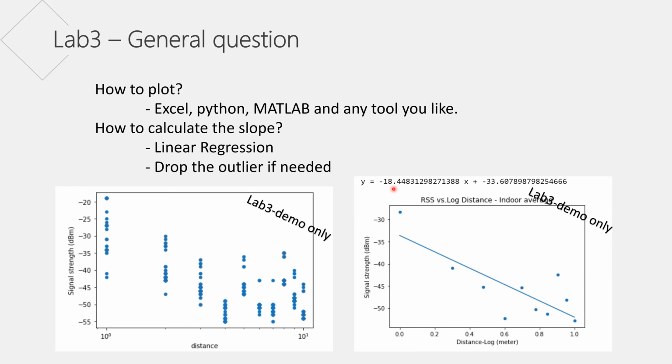You can see here's an equation for that, as well as the R square value. Does that make sense? Do you have any questions regarding how to calculate the slope, how to plot, or anything else?